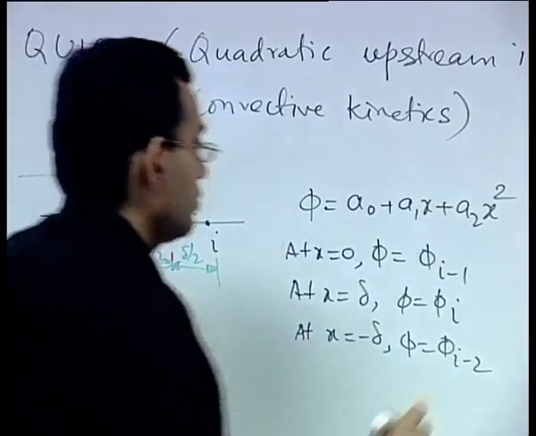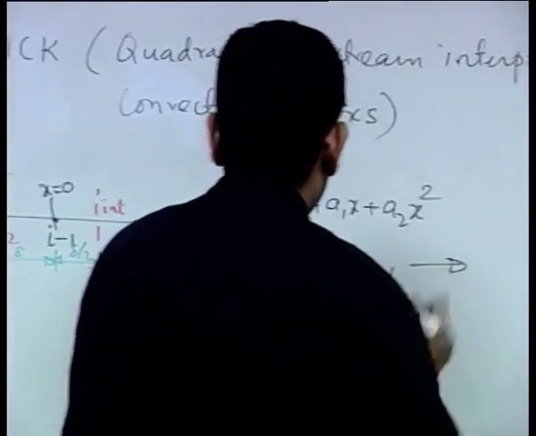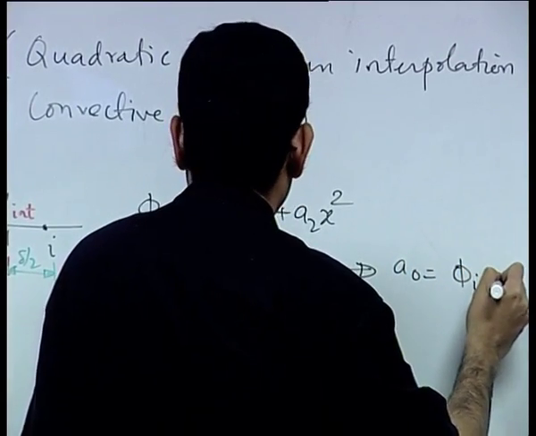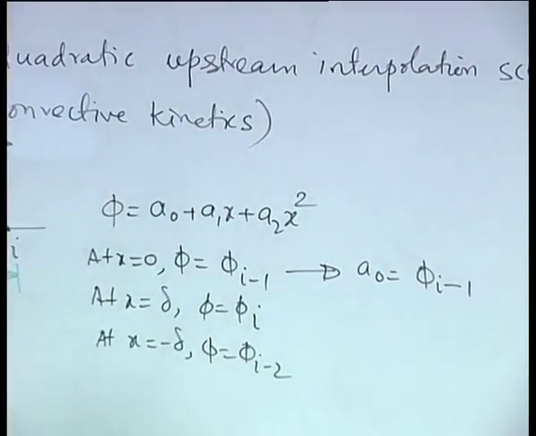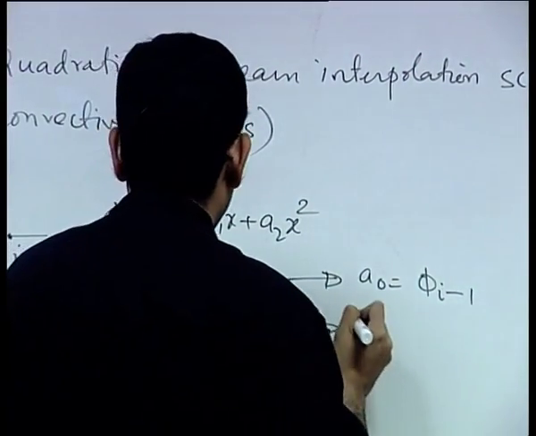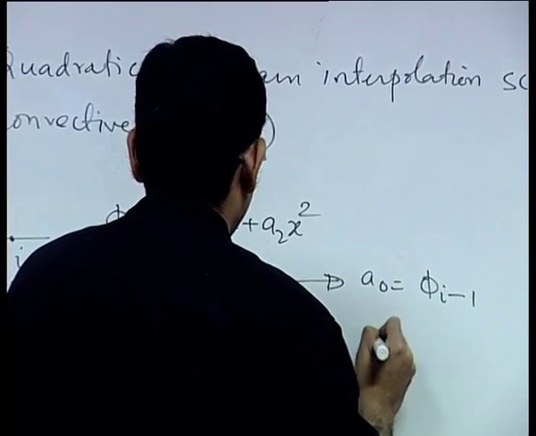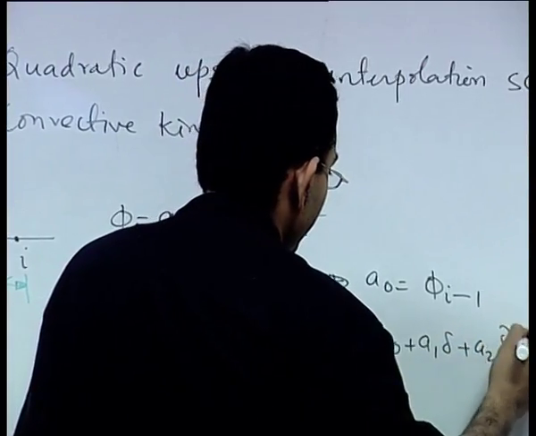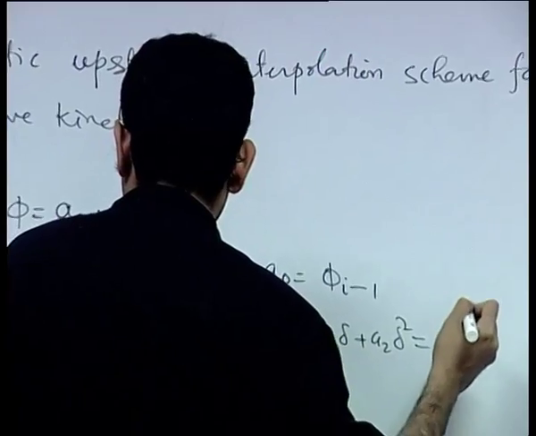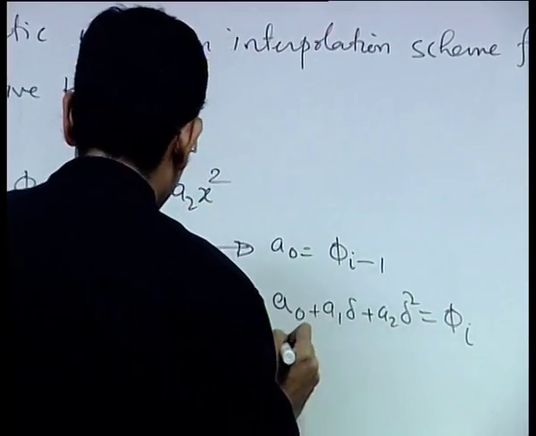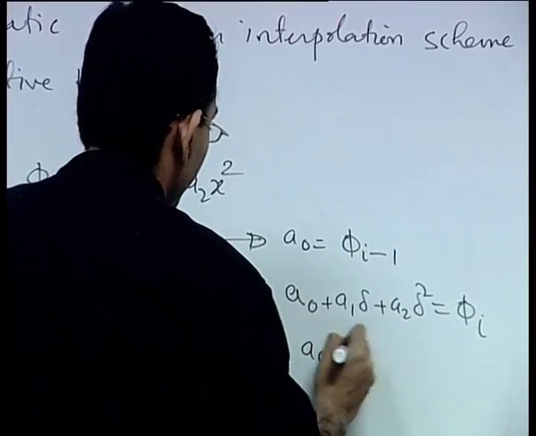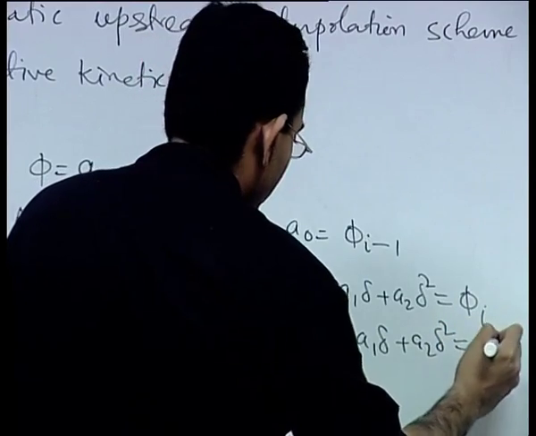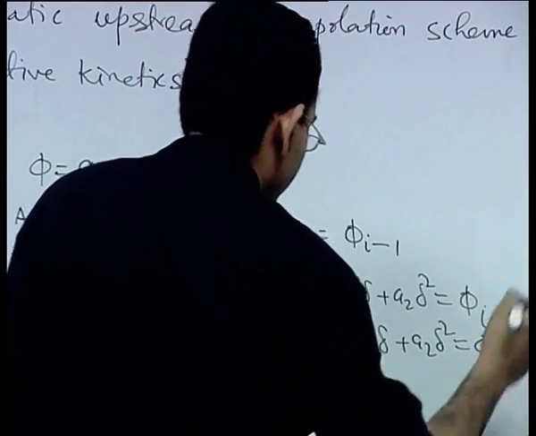So, from here we can write a0 is equal to phi I minus 1. Then from here we can write a0 plus a1 delta plus a2 delta square is equal to phi I. From here we can write a0 minus a1 delta plus a2 delta square is equal to phi I minus 2.